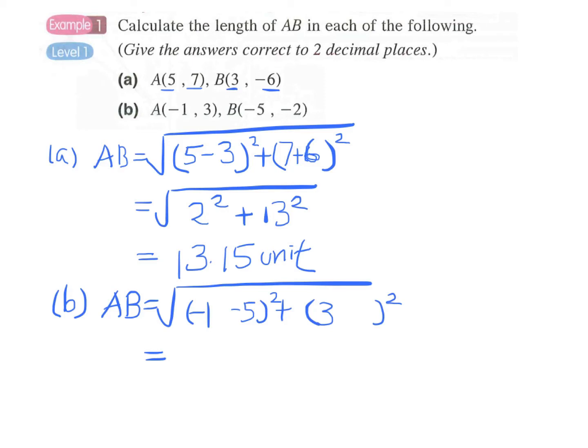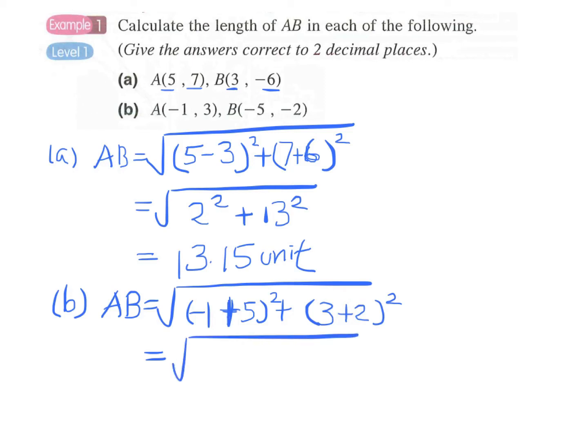But we can do it mentally in this way, because minus 1 subtract negative 5, we have minus 1 plus 5, sorry. And 3 minus negative 2, we have plus 2 here. Since the coordinates of point B are all negative numbers, negative 5 and negative 2, this will be the plus sign here.